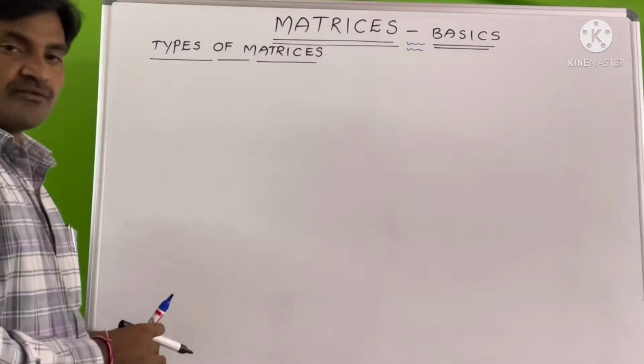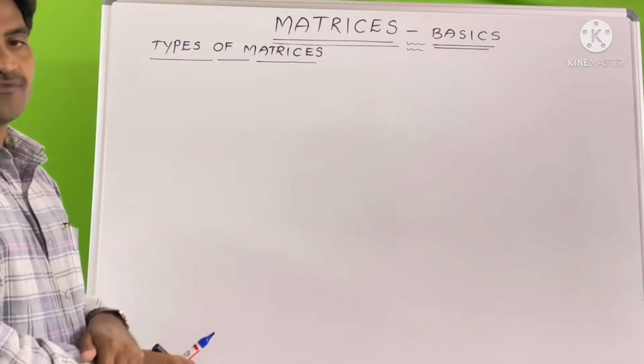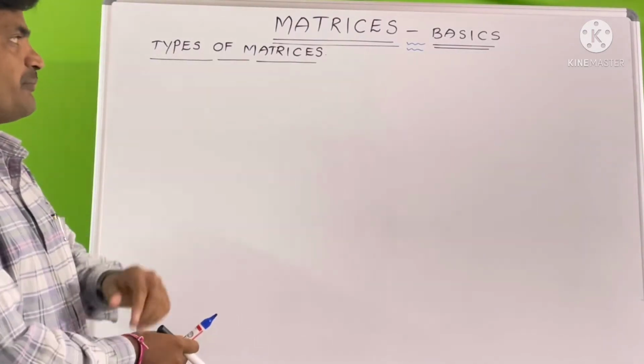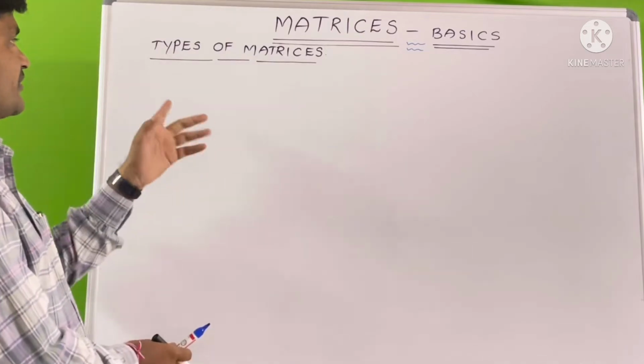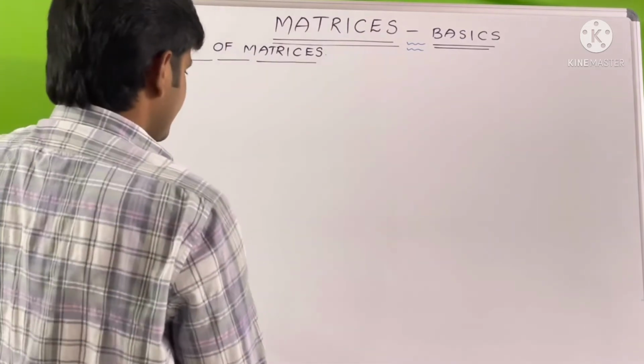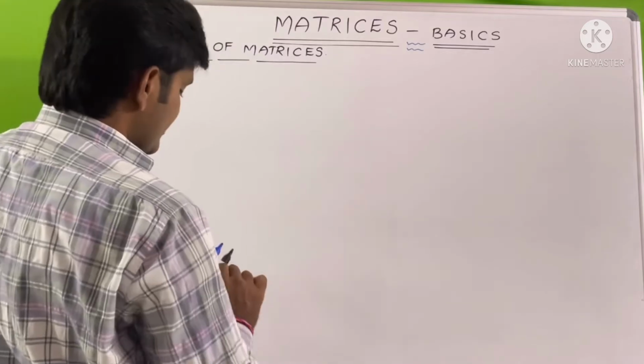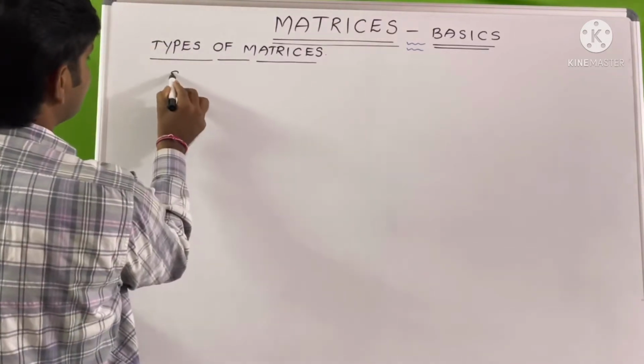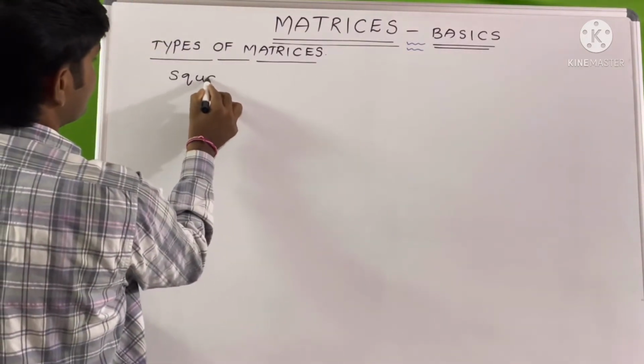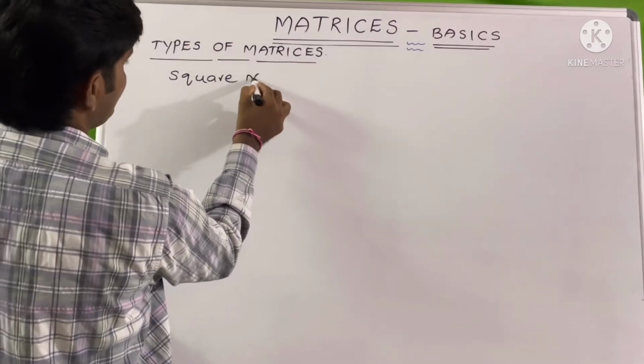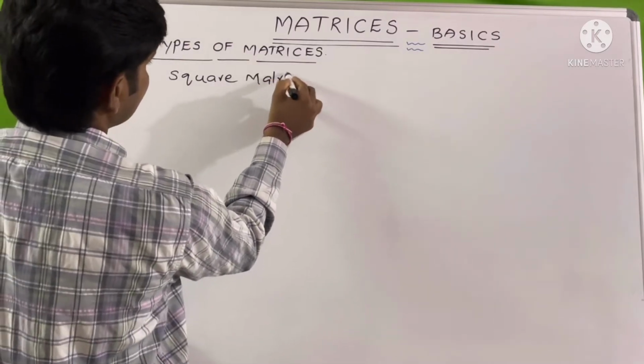So the basics are also very useful to learn the matrices chapter perfectly. So now, types of matrices. The first type is square matrix.